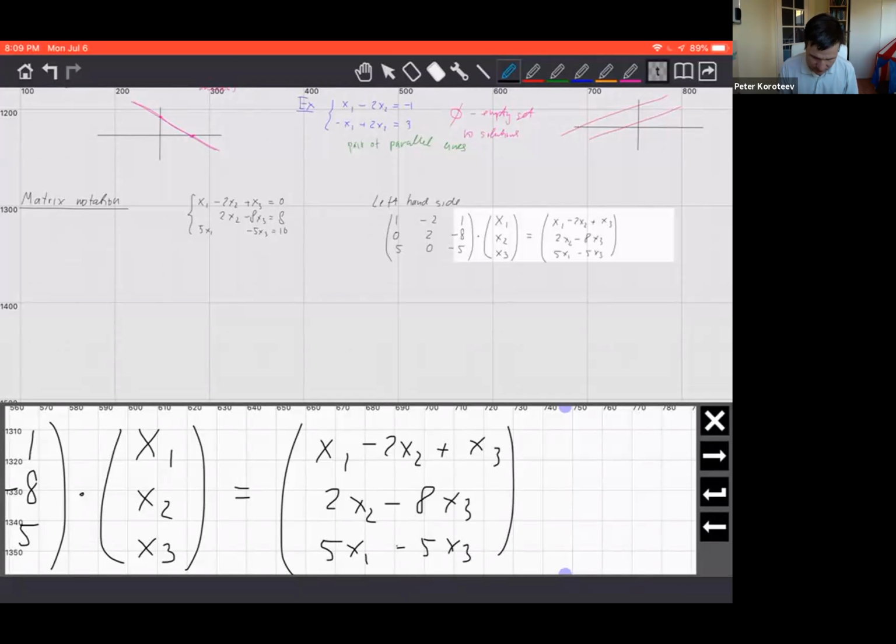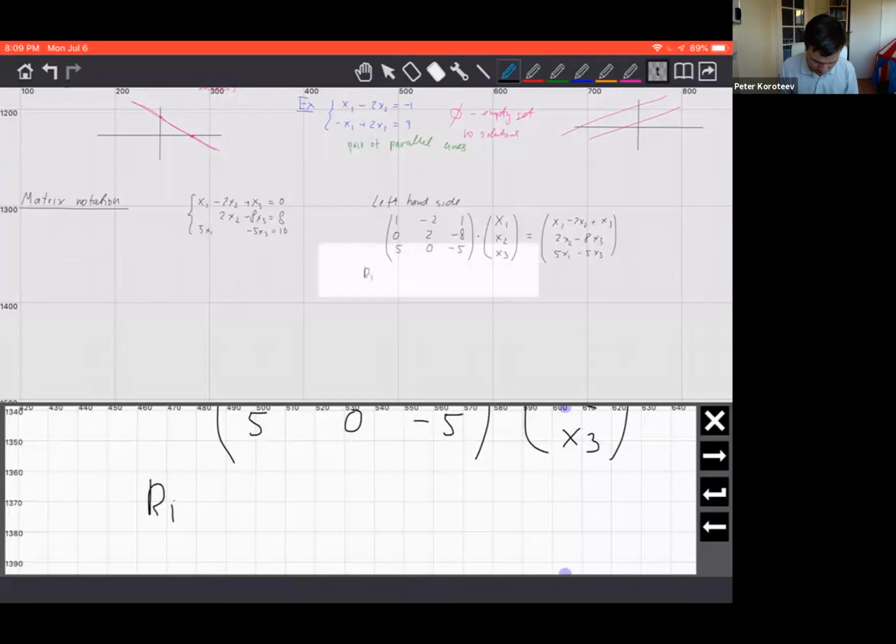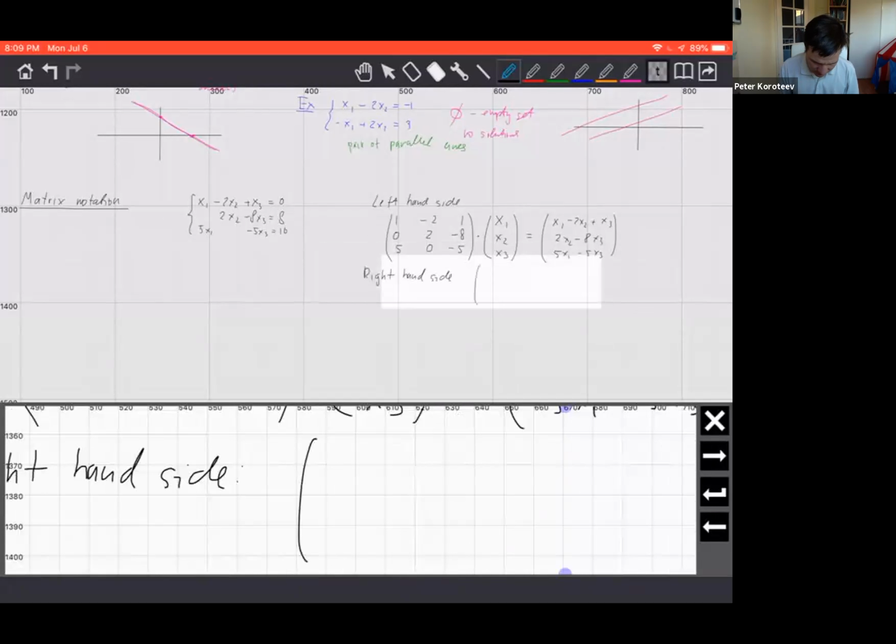Right? So this is the left-hand side of the system of equations, and the right-hand side can be presented as a column vector with components 0, 8, and 10. So therefore, we can write the system of equations as this matrix multiplied by the column x1, x2, x3 is equal to the vector 0, 8, 10.